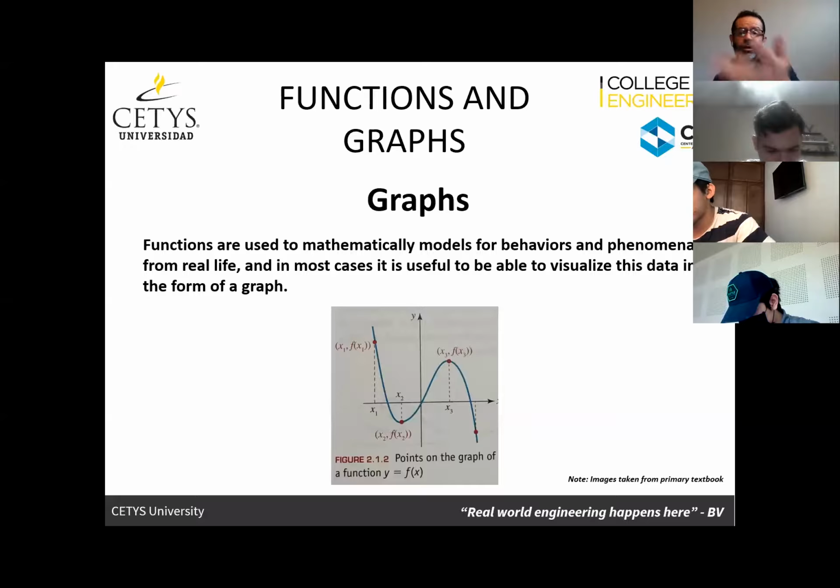Okay, so we're going to be talking about graphs, and we're going to be able to graph anything, literally, just extracting some information about the function.